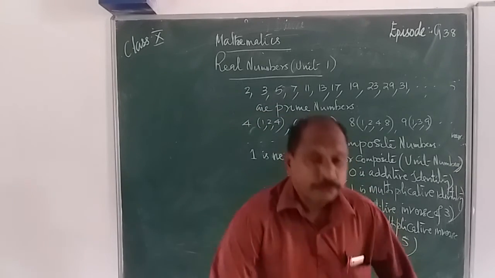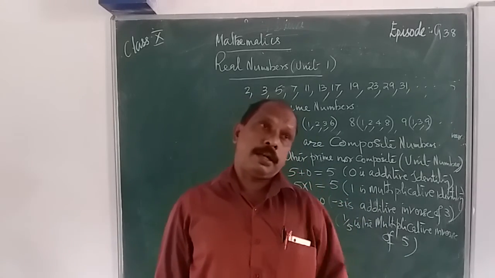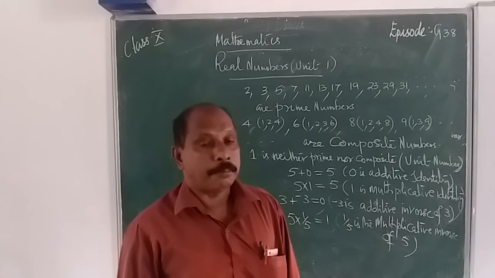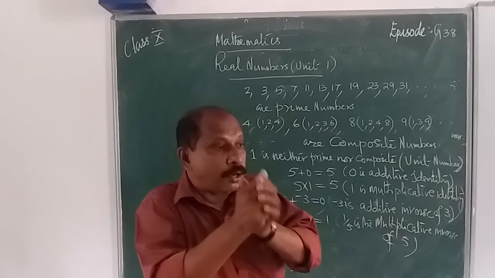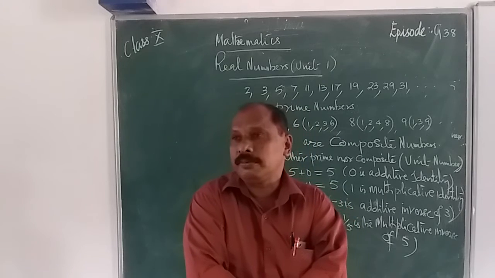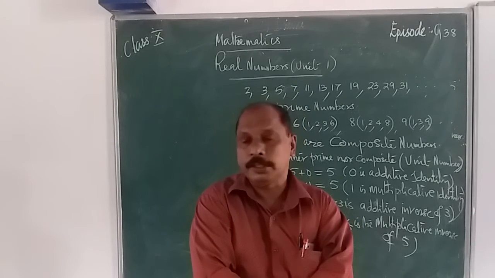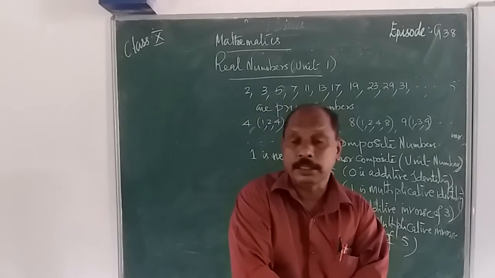Then the set of all rational and irrational numbers together is known as the real number system. The notation is capital R. In the set of rational numbers, the numbers 0, 1, minus 1, 2, minus 2, etc., are known as integers.